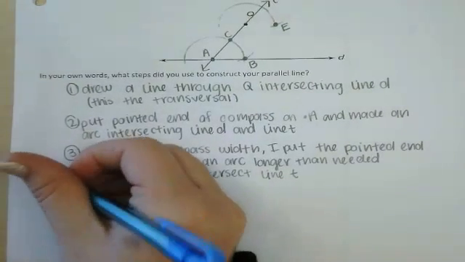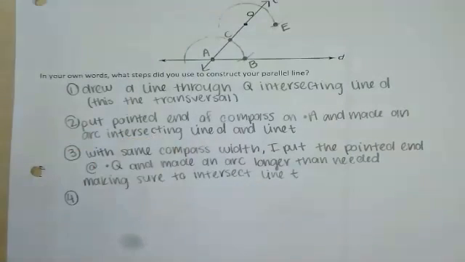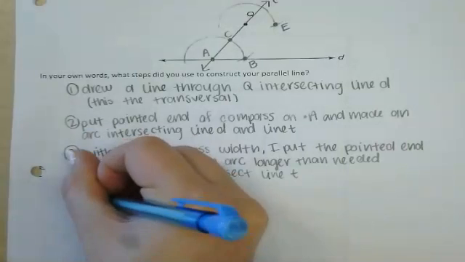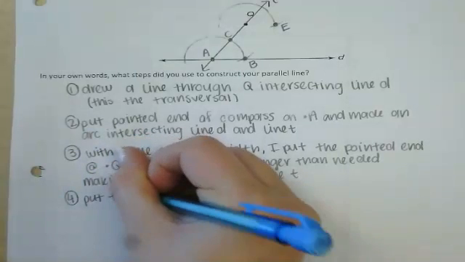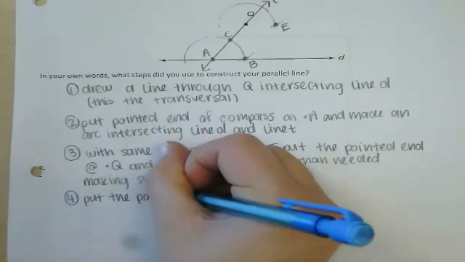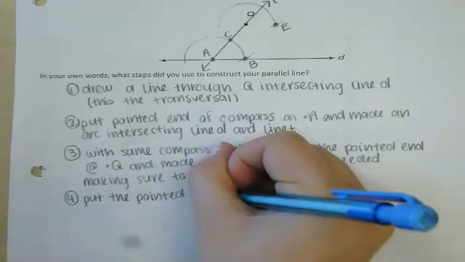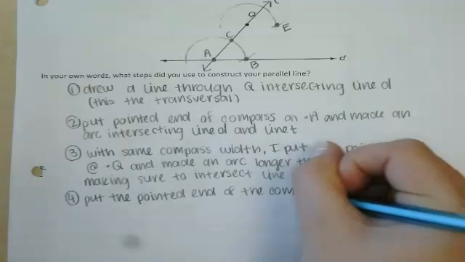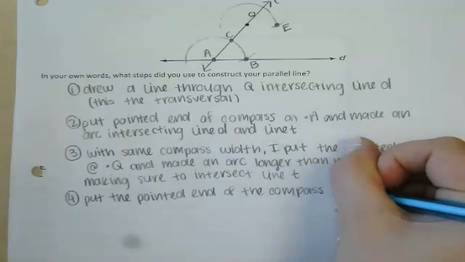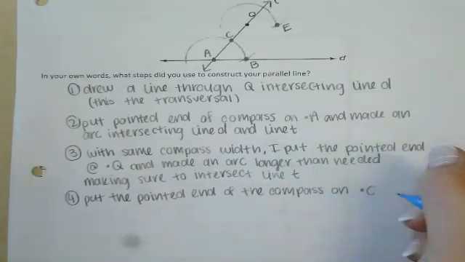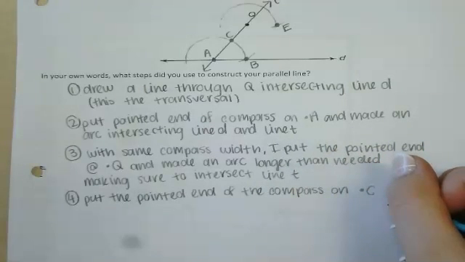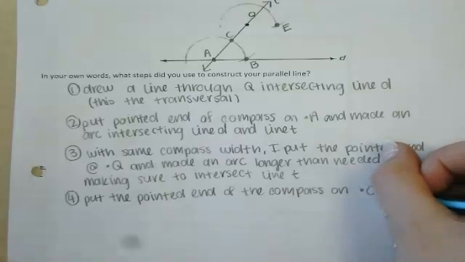Okay, so our step 4 was to put the pointed end of the compass on point C, and put the open end to point B and make an arc.